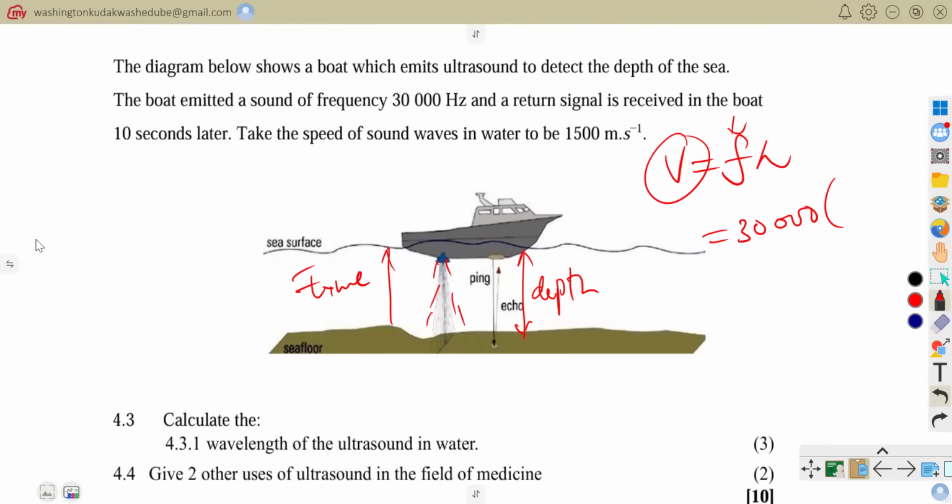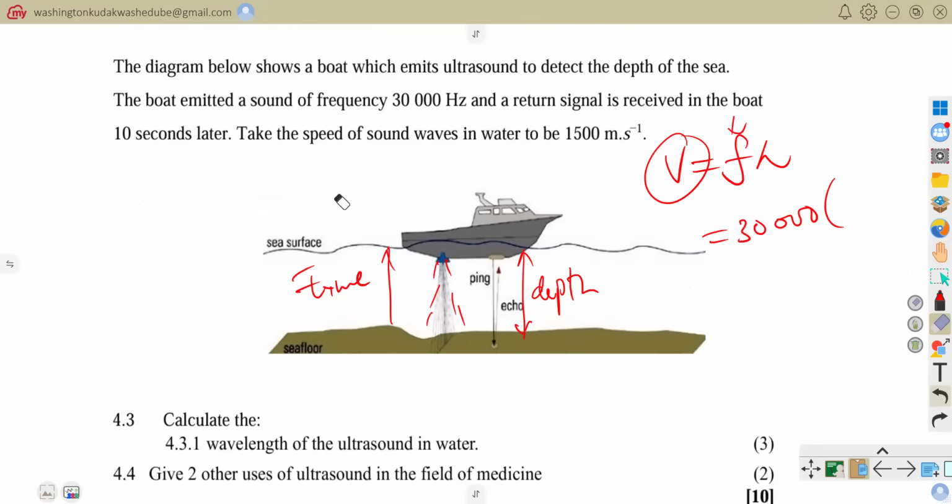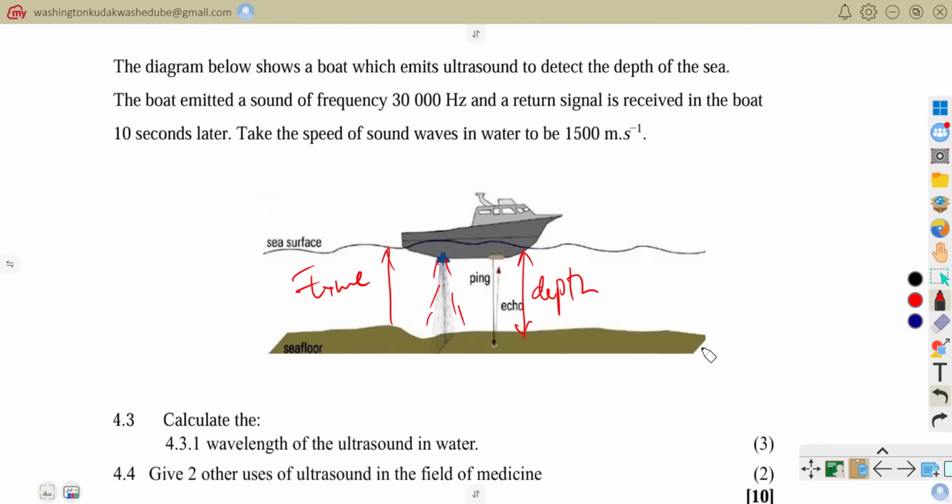Speed is distance traveled per unit time. The distance traveled will be 2 times the depth of the sea, so we can calculate that depth. That is simply how we use ultrasound to determine the depth of the sea.